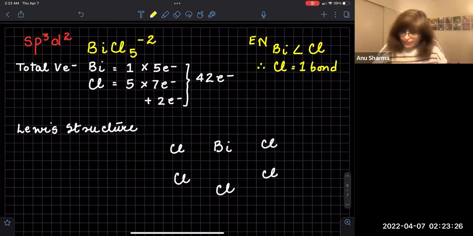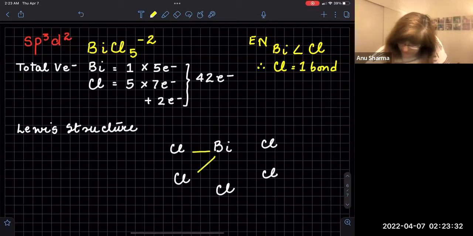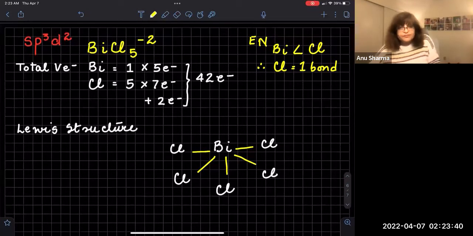So we put the bismuth in the middle and connect the bismuth with the chlorines. Here we have used 10 electrons, so we have 32 electrons left.